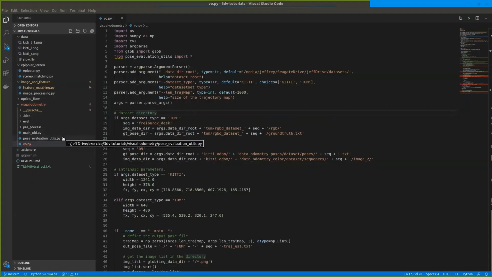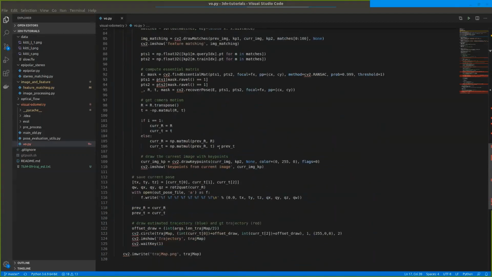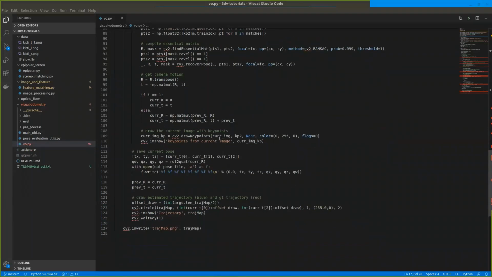Where's the poses sequence.txt file? Where is this in the files folder? I think it's in the same directory as where you put your code.